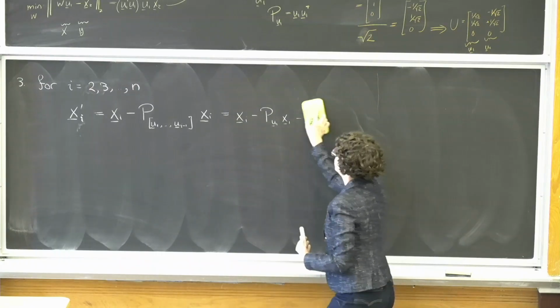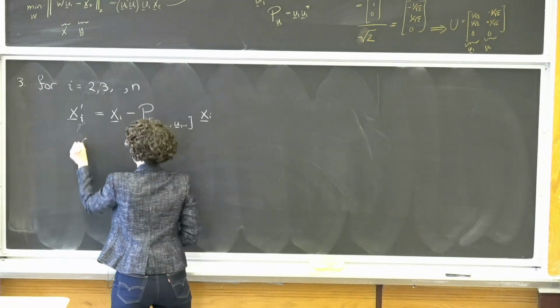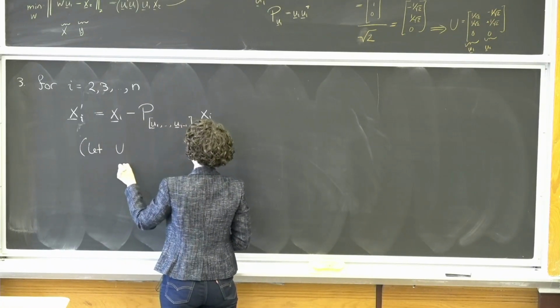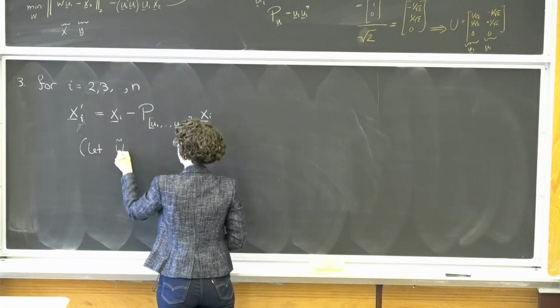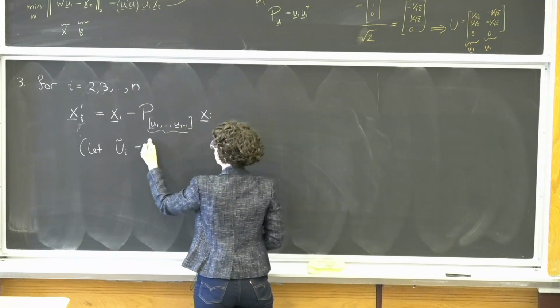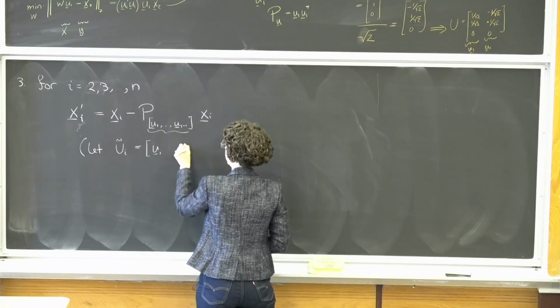To make this clearer in terms of how you would compute it, let's call this matrix U tilde i, just all of the basis vectors that I have so far.